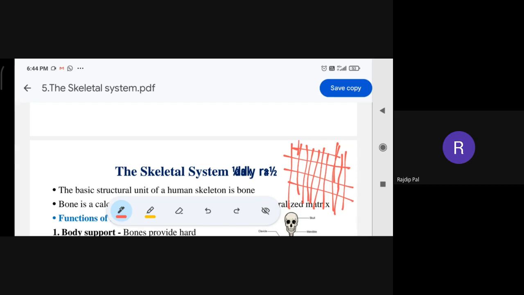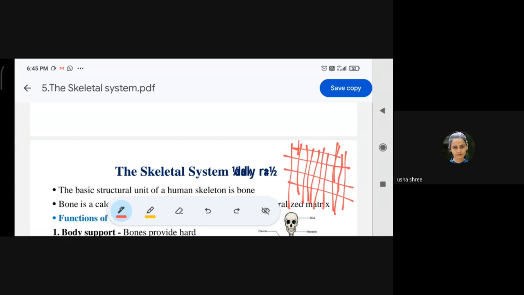So let's imagine this net is made up of collagen fiber, and we are making this net rigid by placing minerals on it. Imagine this is a net, and we are putting calcium. Like you all have seen how calcium looks during whitewashing of our home or house. We all have seen whitewashing.